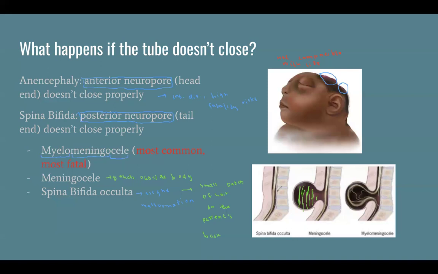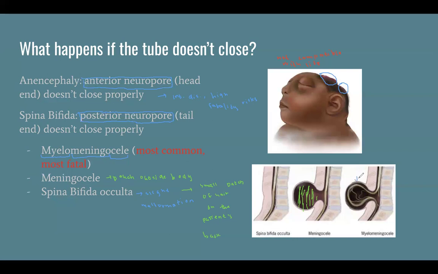So, quite literally, what happens is your spinal cord and your matter will form outside in a pouch of your body. You can literally see how here your spinal cord formed outside of your body. This is your body, and this is forming outside your body. And this is very dangerous because it exposes your spinal cord to massive potentials for harm.